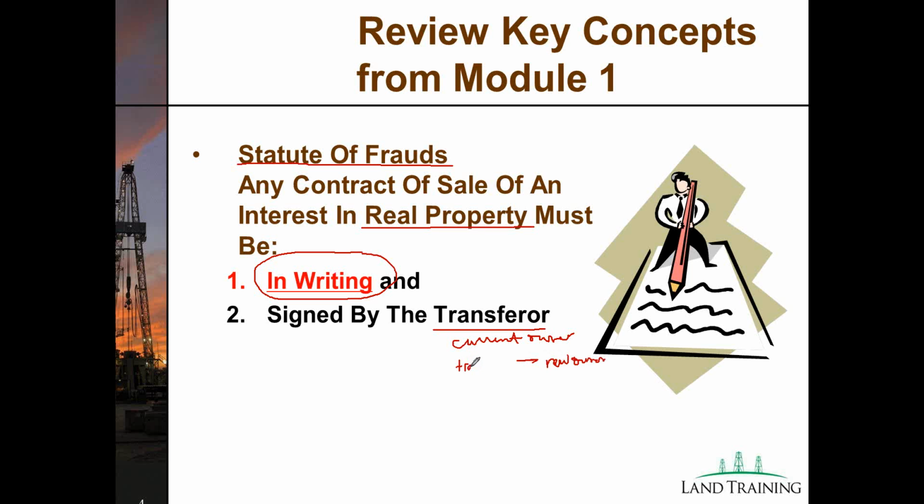That person is known as the transferee. There's no problem with having them both sign it, but at a bare minimum, the transferor has to sign the document. And so they put away all this chaos that was caused by all these people holding these sticks and branches. And so now today, you cannot have an oral agreement to lease someone's property. It's got to be in writing under the Statute of Frauds.